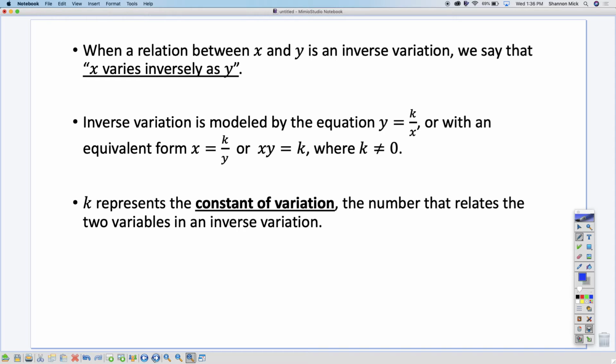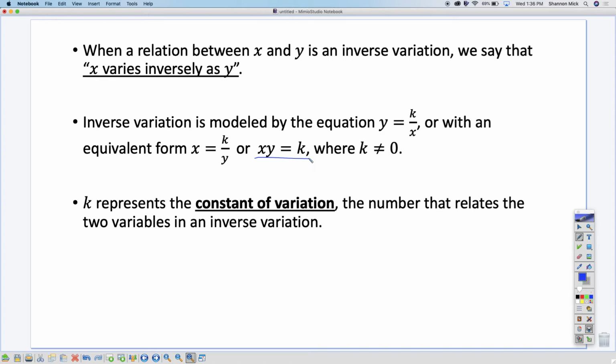Okay, so I gave you this, right? We basically did x times y, and we came up with the same constant number. That's called the constant of variation. I'm going to tell you right now, on the ACT there's at least one, if not two questions that say this varies inversely to this, and write an equation.